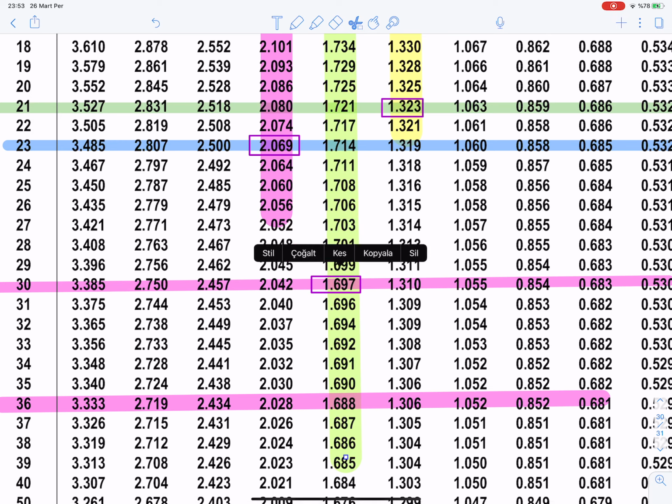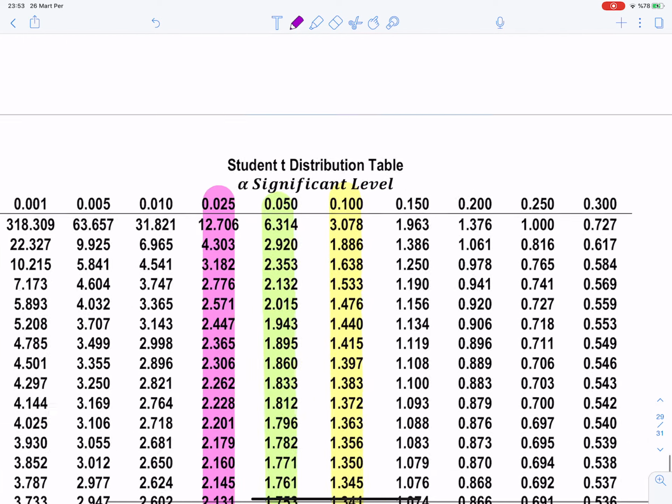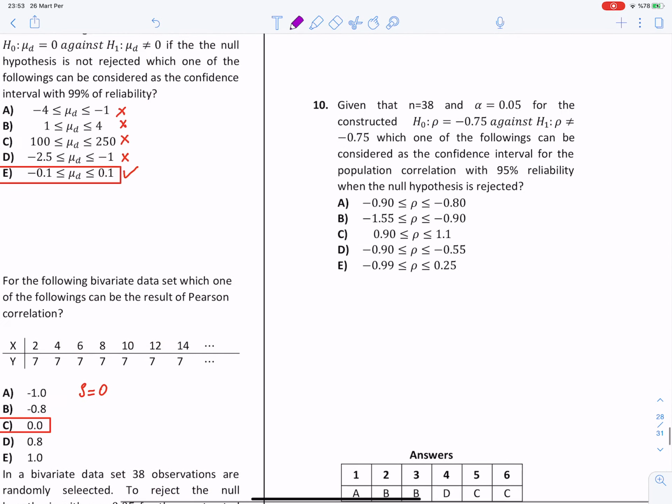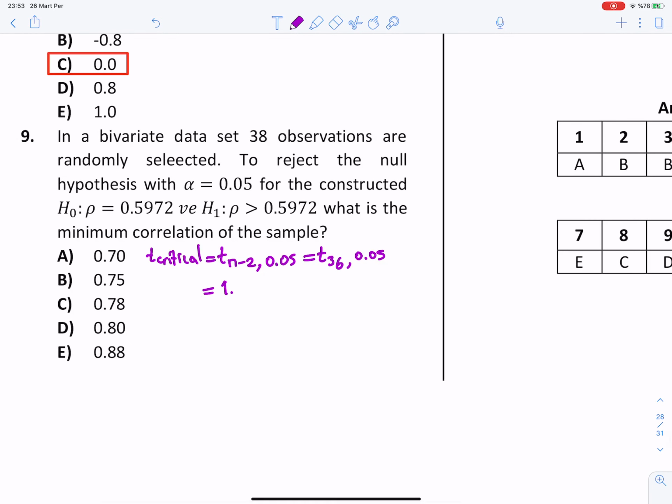So that's the critical value. I'm expecting the calculated statistic to be at least 1.688 to reject the null hypothesis. So this is the critical value.